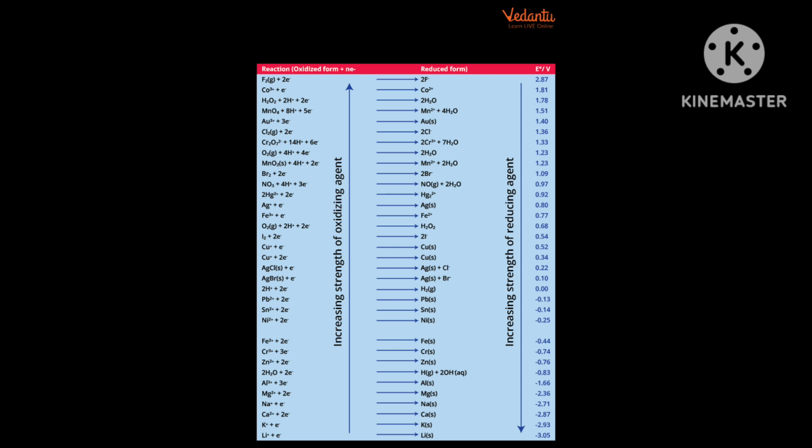Suppose 2 electrons are released and come here. Then Cu2+ plus 2 electrons, this is called reduction. It converts to metal and deposits on the copper rod, as copper metal on the surface of the copper rod.